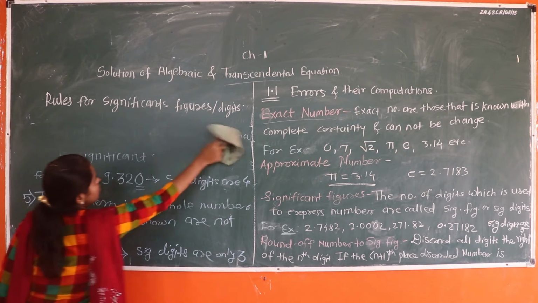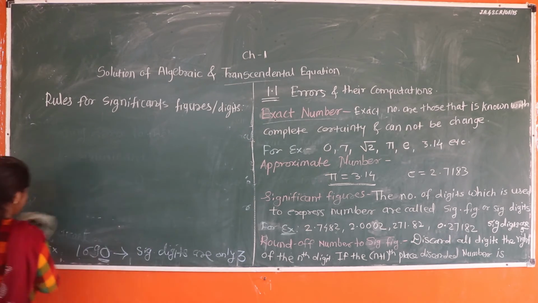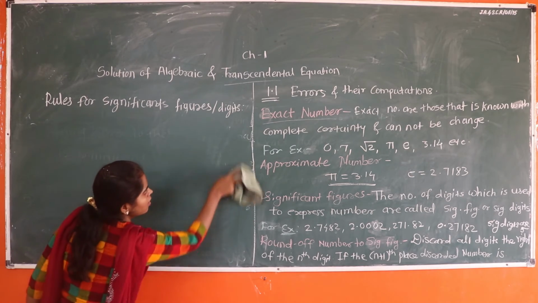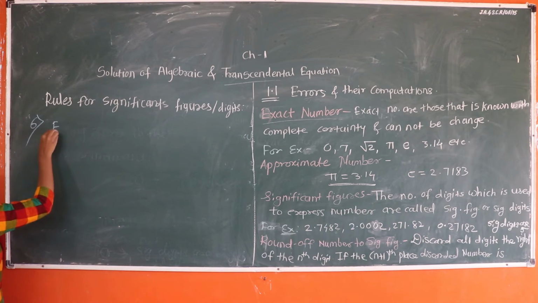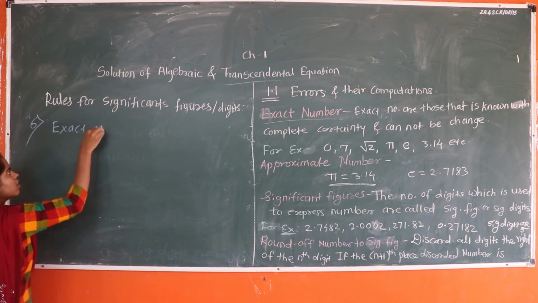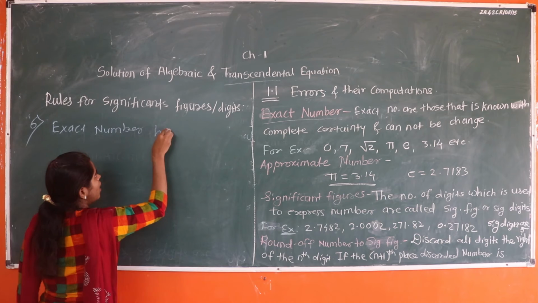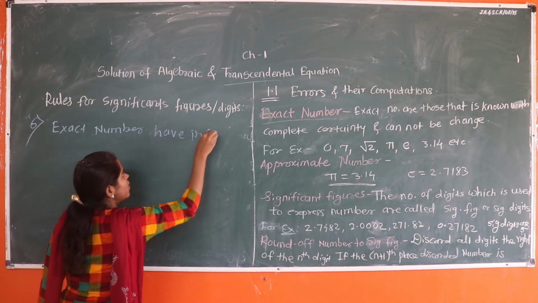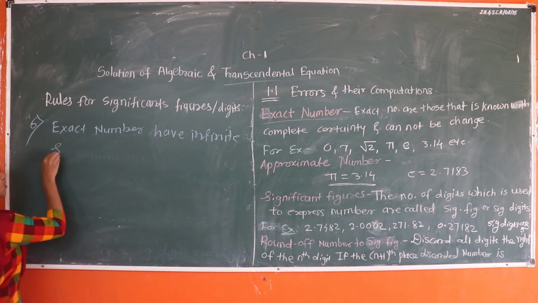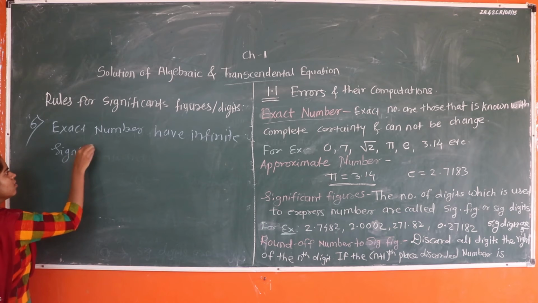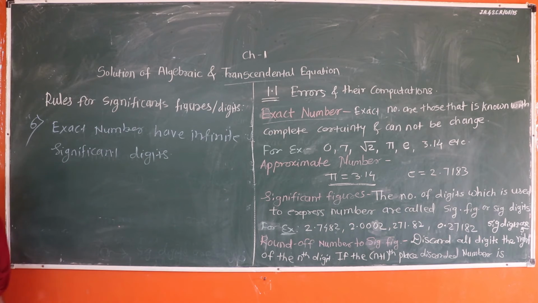Next rule, sixth: exact numbers have infinite significant digits.